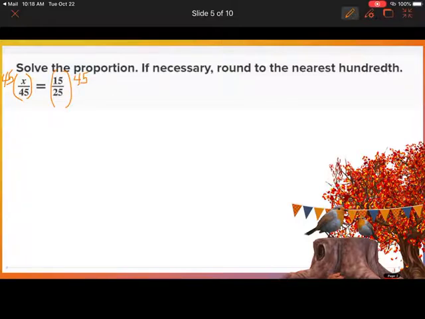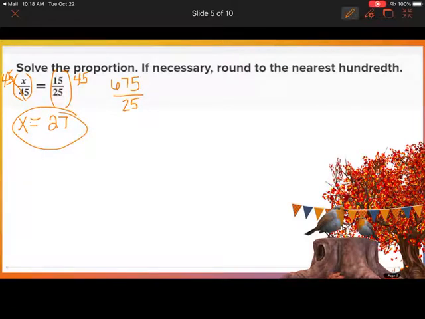When I do that, 45 over 45 is 1, which leaves me with 1x. And then I go 45 times 15, which is 675, and that's all over 25.